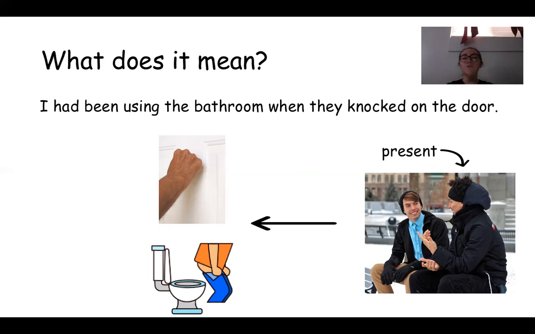But when you use the past perfect progressive, I had been working, or I had been talking, it's like when you're telling somebody a story about something that happened in the past, and you want to focus that there was an action that kept going, right?